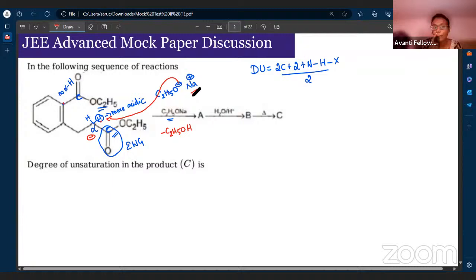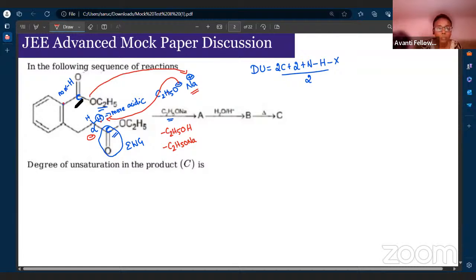Now I have Na plus. You have COOC2H5. This carbonyl is an electron withdrawing group, it will withdraw the electron. So OC2H5 will take up Na and move out as C2H5ONa.